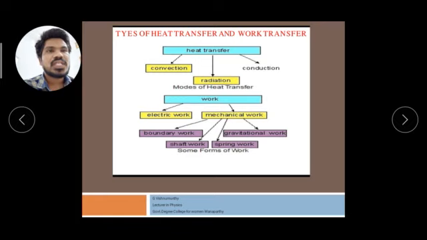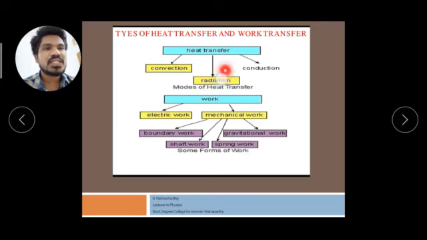Now, heat transfer is the transfer of heat from one body to another body or from one system to another system. There are three processes: one is convection, second is radiation, and third is conduction.